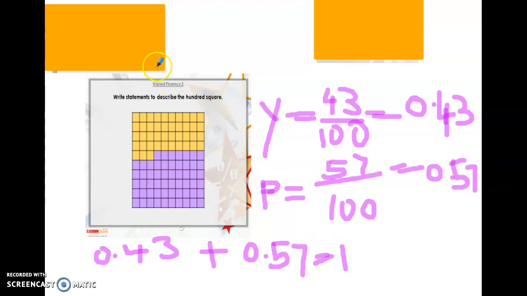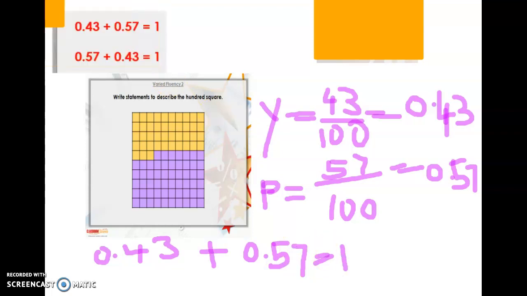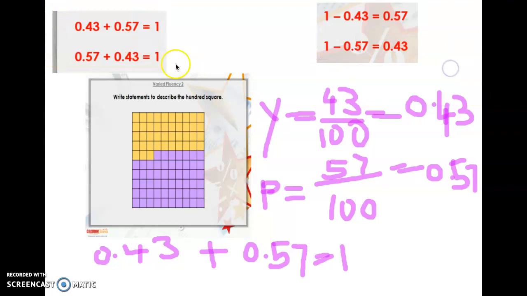So is this the only way? No, we can represent it in different ways as addition number sentences as well as subtracting number sentences.